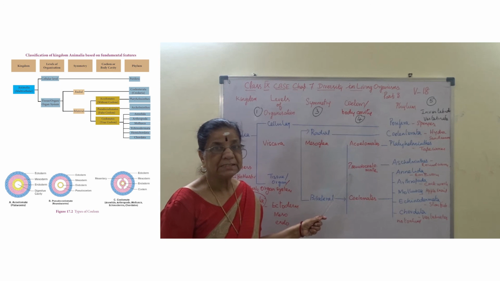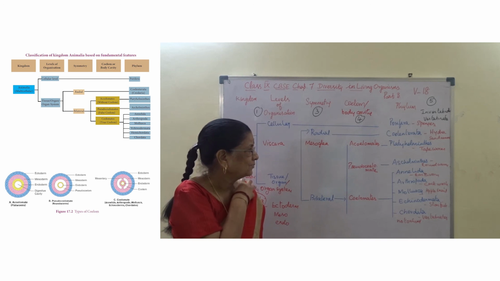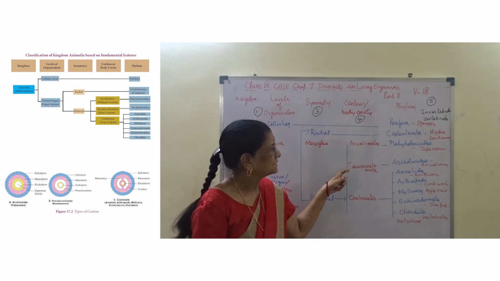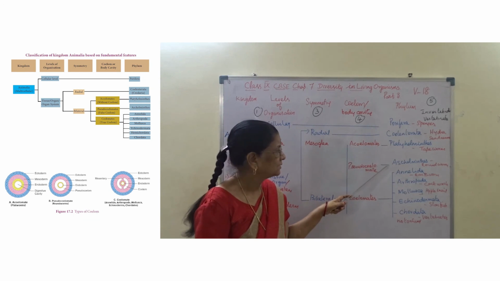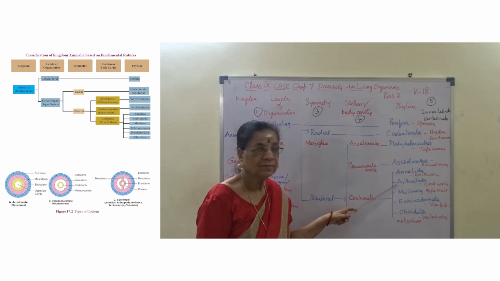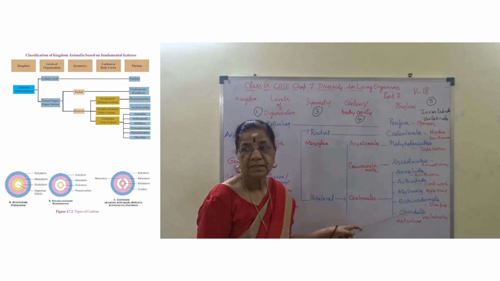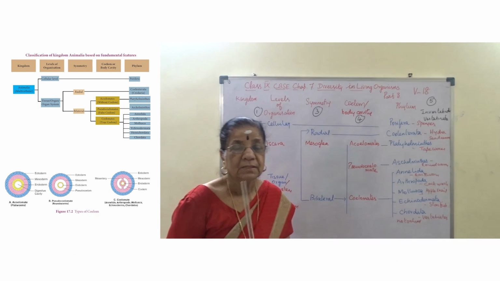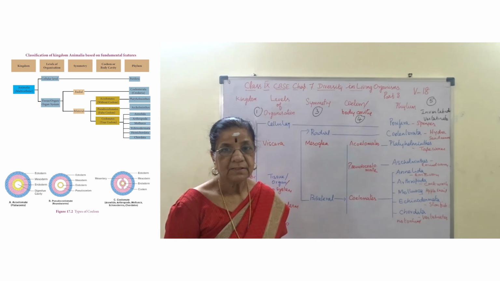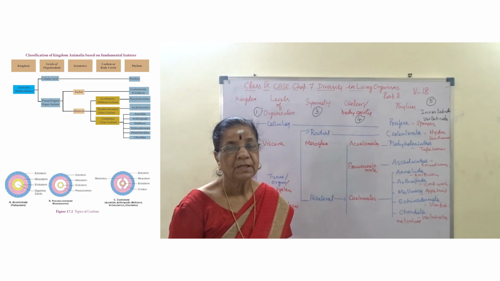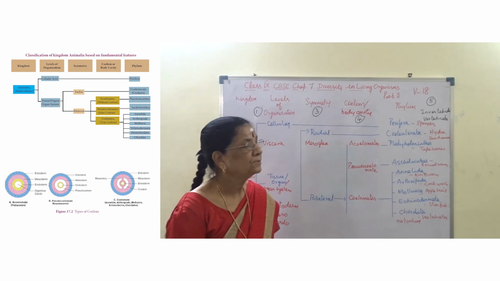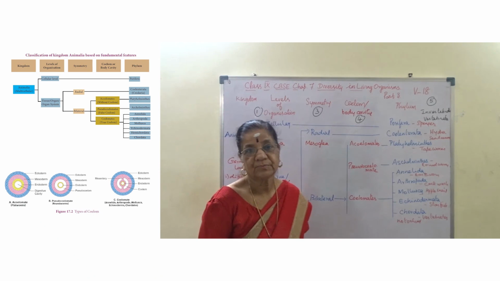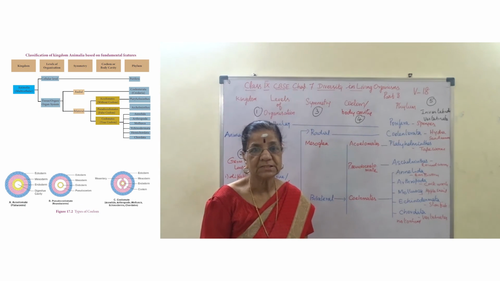In pseudocoelomate, the P is silent. Learn the spelling for phylum Porifera, Coelenterata, Platyhelminthes, Aschelminthes, Annelida, Arthropoda, Mollusca, Echinodermata. I hope you understand. So this is for kingdom Animalia, the criteria for classifying it, and there are different phyla. We'll continue in the next video session. Thank you.